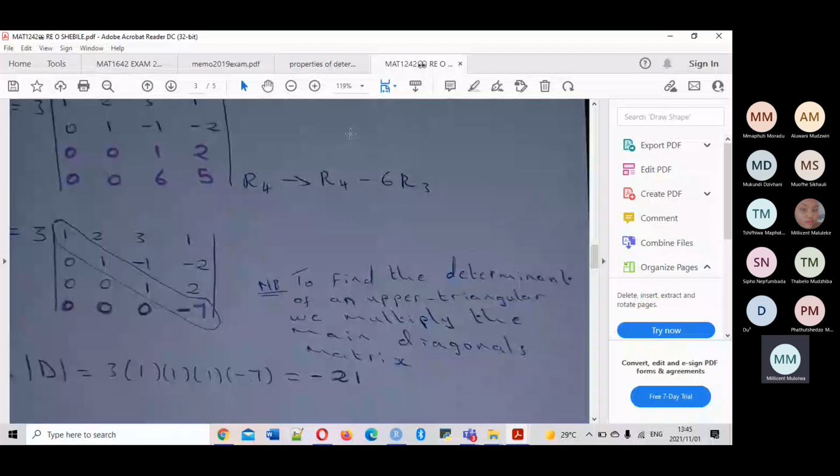Those zeros form a triangle below the diagonal of the matrix. Did you see that? If you've got those zeros when you are solving, it means now you can multiply the diagonal.